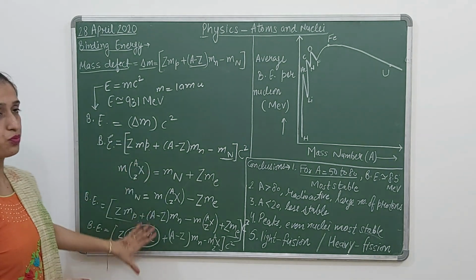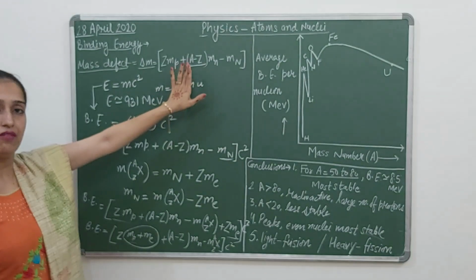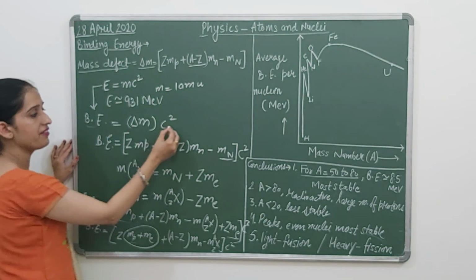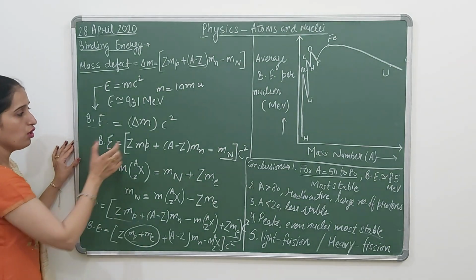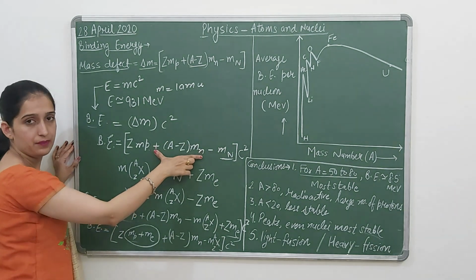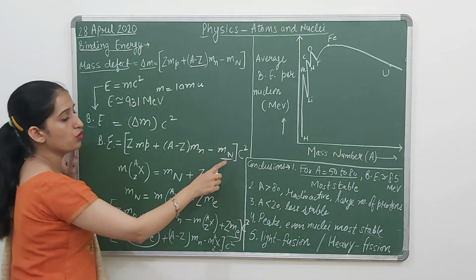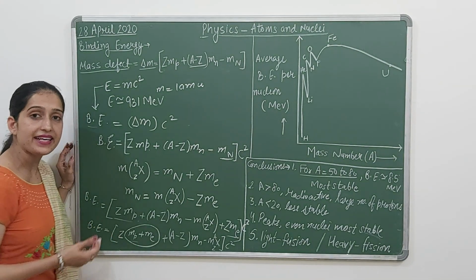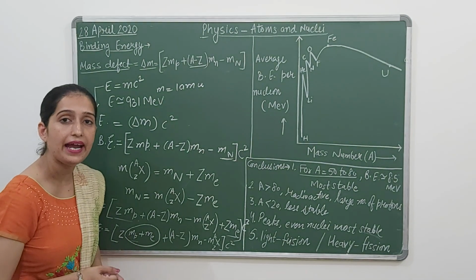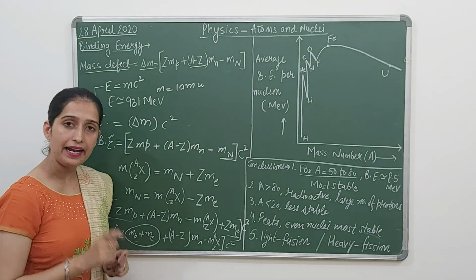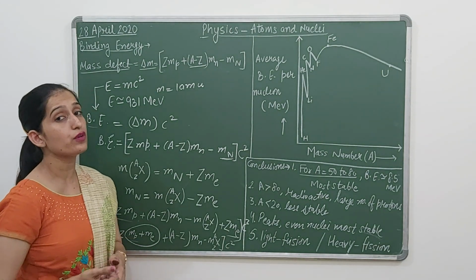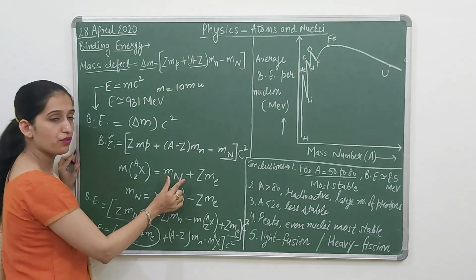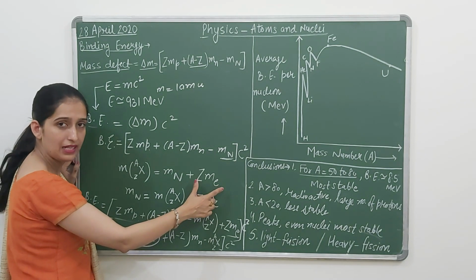Firstly, I am repeating these points. Mass defect we have already done yesterday in the previous class. Binding energy is given by this equation, so I am putting the mass defect value here. Now experimentally it's not possible to measure the mass of nucleus. We can measure the mass of atom. And in an atom, except the nucleus, electrons are also present. So mass of atom is mass of nucleus plus mass of all electrons.